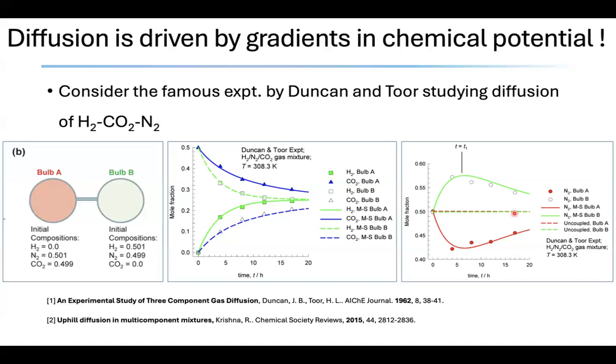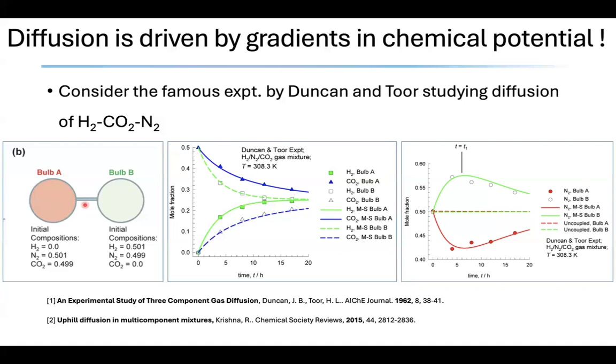Now, what exactly is happening from a physical point of view? The friction between the hydrogen and nitrogen is quite high, which means that when hydrogen is being transferred from bulb B to bulb A, nitrogen is also being dragged along with it.